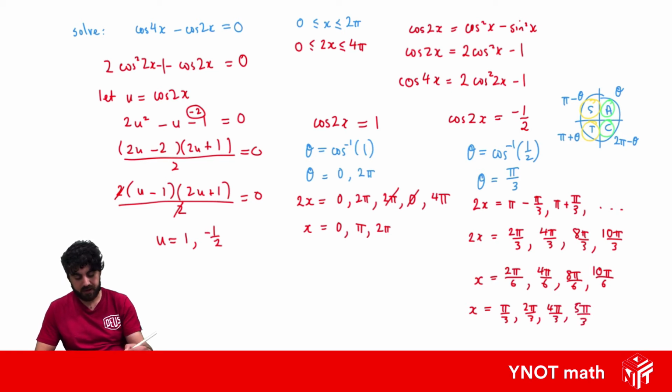So then we get our final answers for x being 0, pi on 3, 2 pi on 3, pi, 4 pi on 3, 5 pi on 3, and 2 pi.